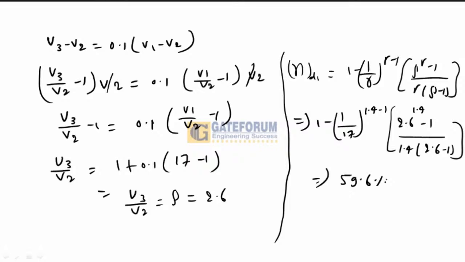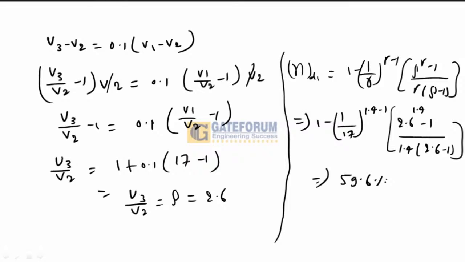For short, I can say you have to remember: if the question gives the same compression ratio, then always the efficiency of the auto cycle will be more. In all the remaining cases, the efficiency of the diesel cycle will be more, and the efficiency of the dual cycle will be in between the diesel cycle and the auto cycle.